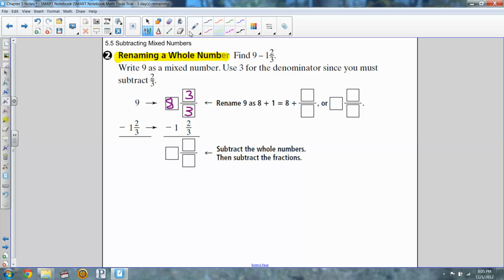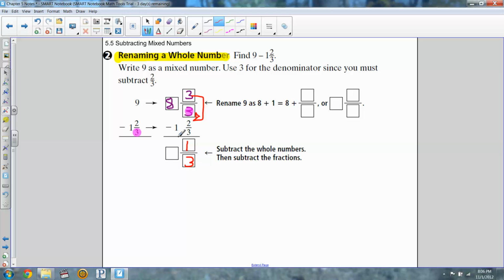Where did I get the denominator 3 from? I got 3 because my denominator down here is 3, so I'm going to make that denominator 3 as well. Now all I have to do is subtract my numerators. 3 minus 2 is 1. Denominator stays the same with 3.